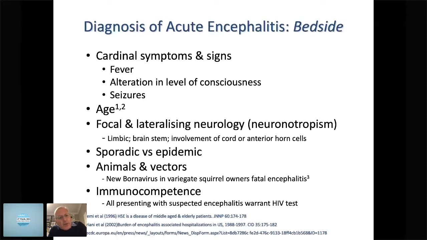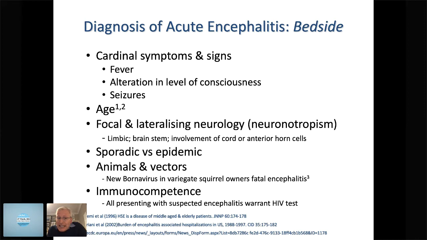And patterns to be aware of are the limbic pattern, such as associated with herpes simplex encephalitis, or the autoimmune encephalitis associated with NMDA antibodies, brainstem encephalitis, such as the rhombencephalitis associated with listeria. Involvement of the spinal cord with encephalitis is a clue that ADEM might be etiological. Involvement of anterior horn cells gives a clue that on the infectious side, enteroviruses or flaviviruses may be at play.